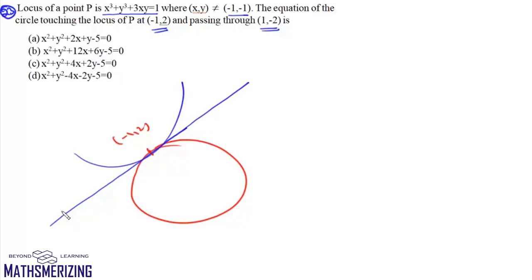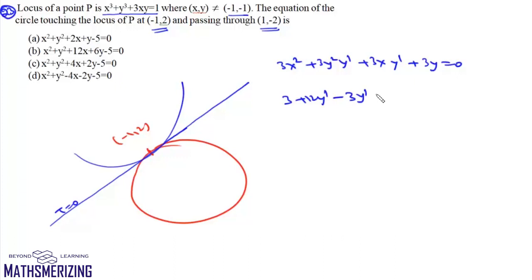So what we'll do is find the equation of this line, which is T equals 0. So we'll differentiate this curve. We'll get 3x square plus 3y square into y dash plus 3x into y dash plus 3y equals 0. Now we'll put x as minus 1 and y as 2. So we'll get 3, and then y as 2, so it'll be 12y dash minus 3y dash plus 6 equals 0.